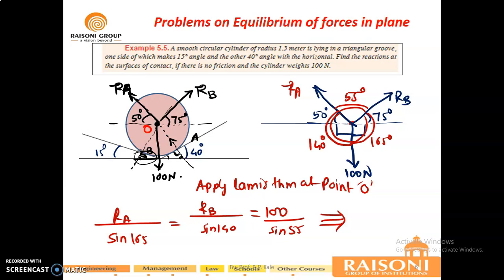RA will become 100 into sine 165 divided by sine 55. So it is your 31.59 Newton, and you will get RB as 100 into sine 140 divided by sine of 55, and it will become 78.46 Newton. Okay guys, so similarly you have to solve the questions on the equilibrium of forces.